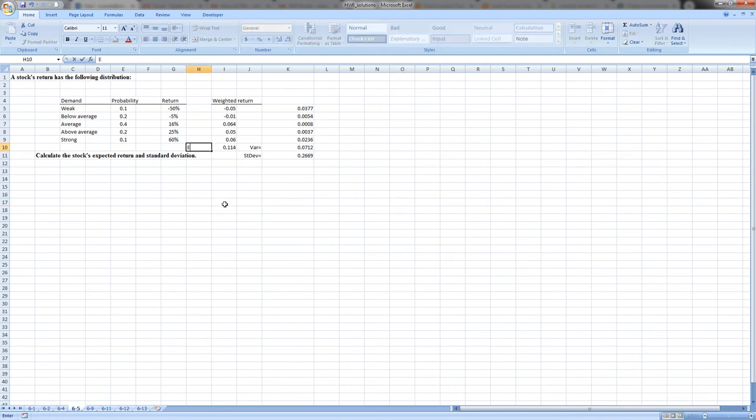So our expected return is equal to 11.4%, and the standard deviation of returns is 0.2669. Or, if we want to put this in percent form, 26.69%.